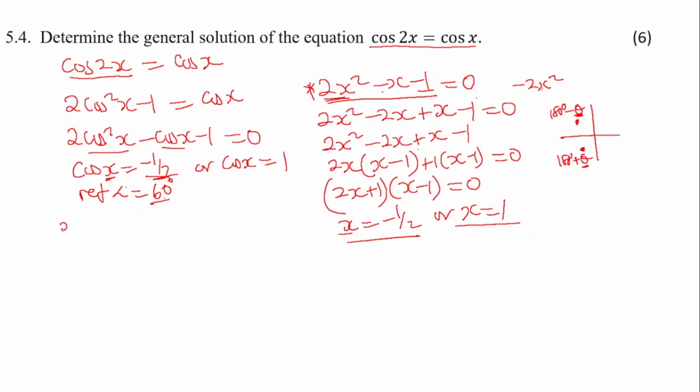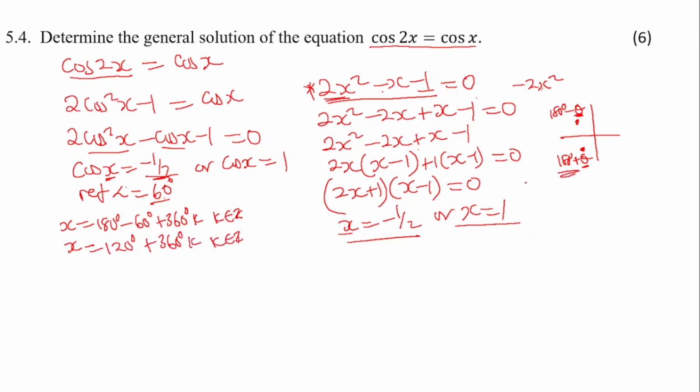So it's going to be x is equal to 180 degrees minus 60 degrees, and then plus 360 degrees times k, where k is an integer. Then get that x is equal to 120 degrees plus 360 degrees times k, where k is an integer.